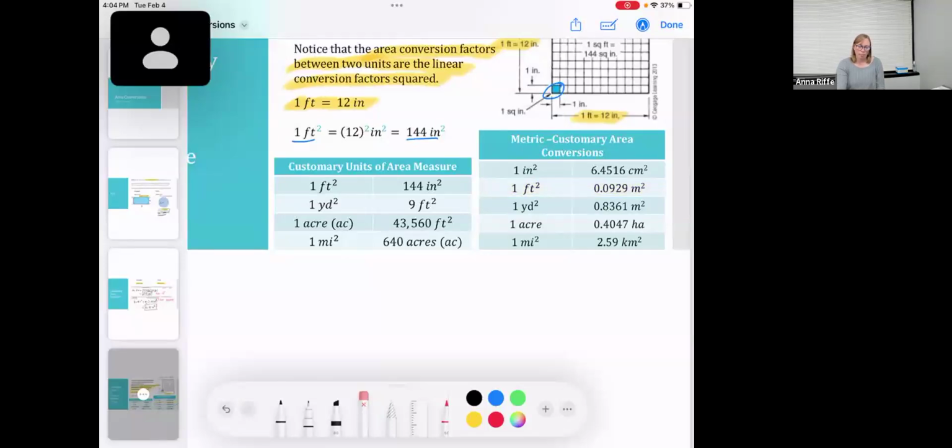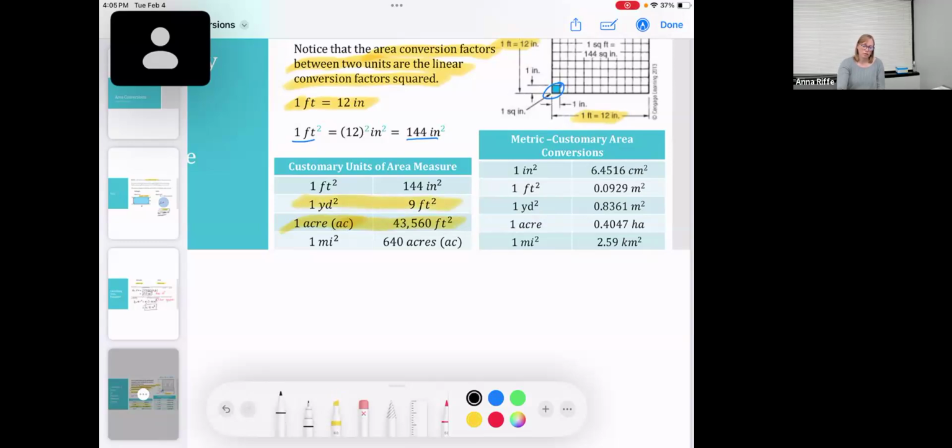Let's see. Acres occurs here and here. Doesn't look like either of those will allow me to convert to yards directly. But what I could do is note that I could convert acres to feet. And then I could convert feet to yards.